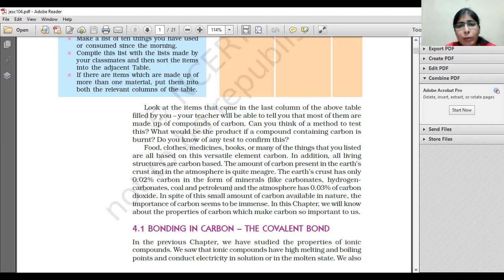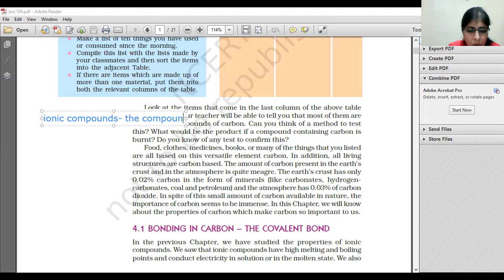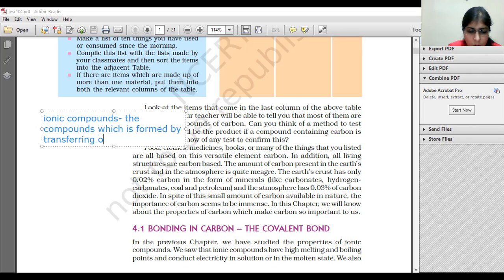What is covalent bonding? You can write that there are two types of bonds. Ionic compounds are the compounds formed by transferring of electrons, like in NaCl.